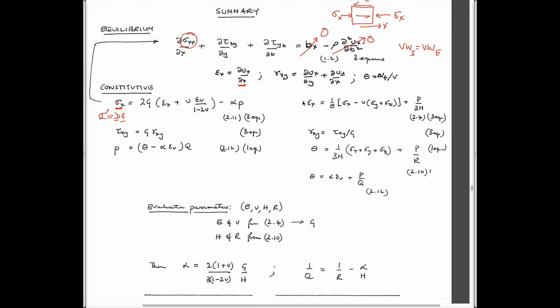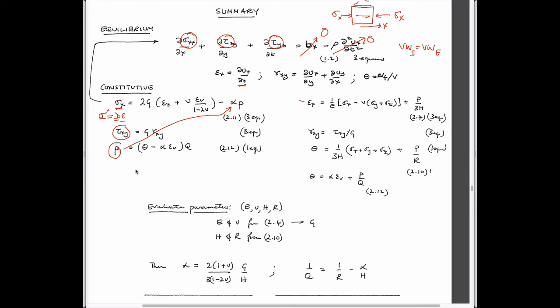We know that we can substitute this into here. We know that we have values of this. So these are the normal relationships. These are the shear relationships, which go here, which we can substitute. And we have fluid pressures also defined in terms of strains, which could go in here.